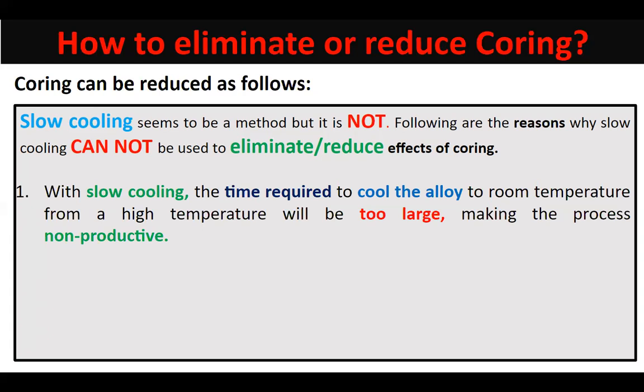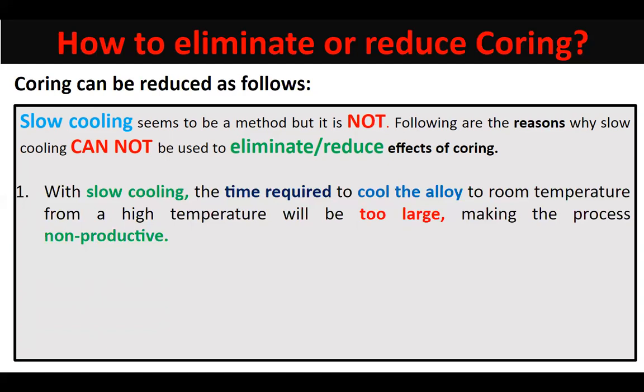Because this option is very, very non-productive, industry is never going to follow it. So this is not a viable option because it's not economical. Slow cooling is not an appropriate route because it would hit the productivity of the firm like anything.